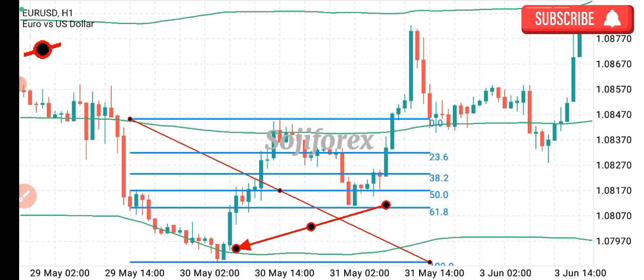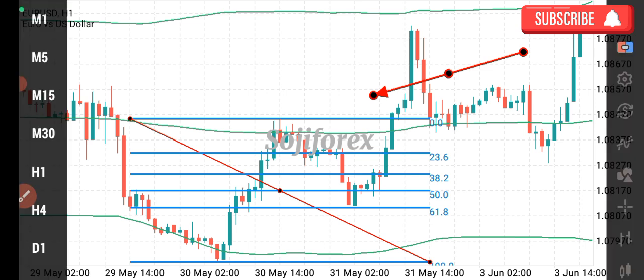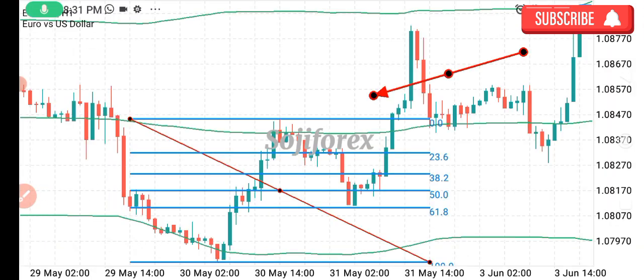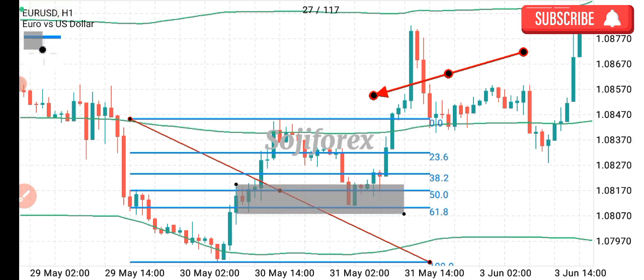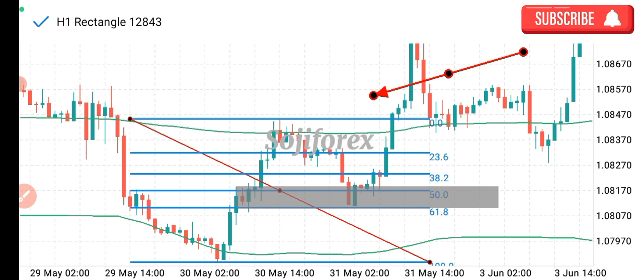Then secondly, you will look and find areas where you have imbalance. Just like here, we have imbalance. Right here now, we'll mark our smart money cube. I just marked that candle.